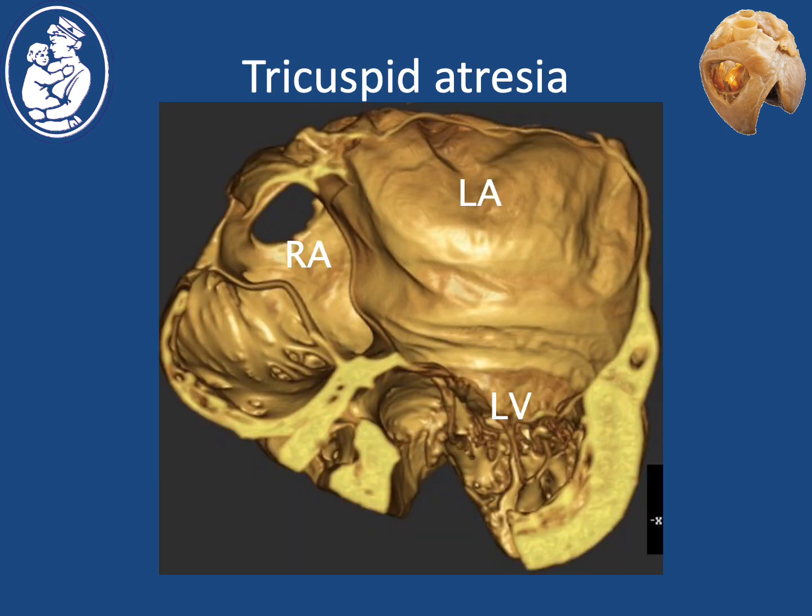This is a waxed specimen of a heart with tricuspid atresia. The large left atrium is aligned with the left ventricle and connected by means of a mitral valve. The right atrium, however, is not aligned with any ventricle. It has a blindly ending floor, and flow from the right atrium is across the foramen ovale and into the left atrium.